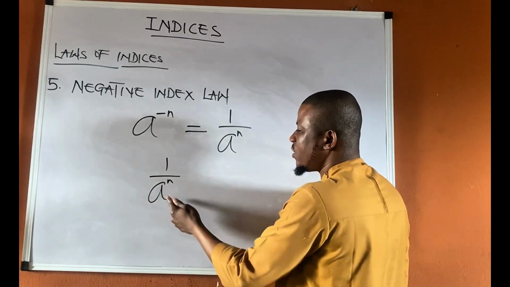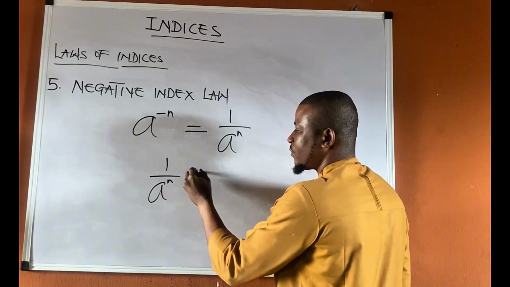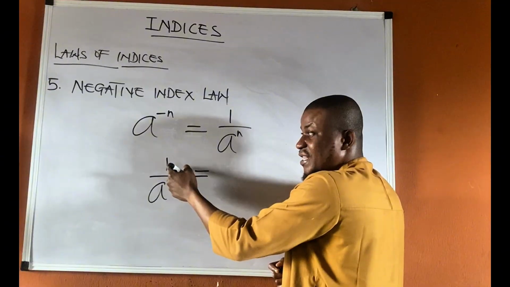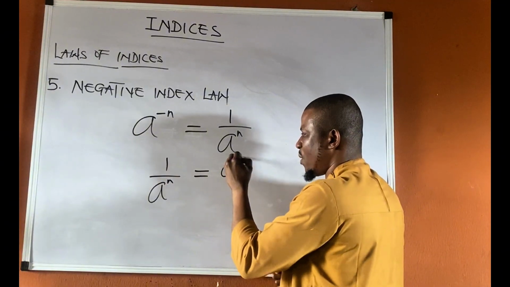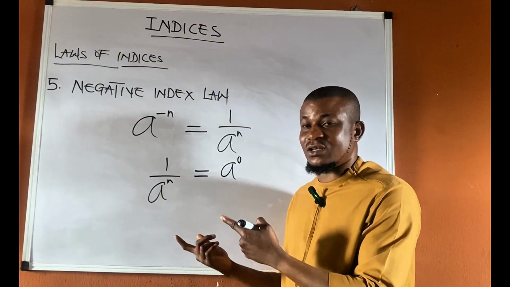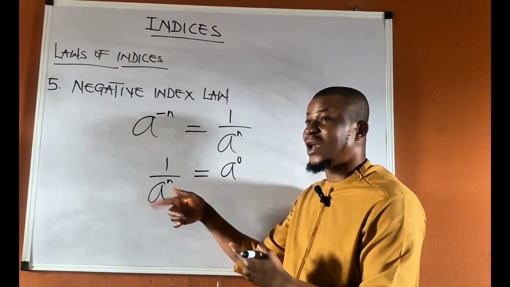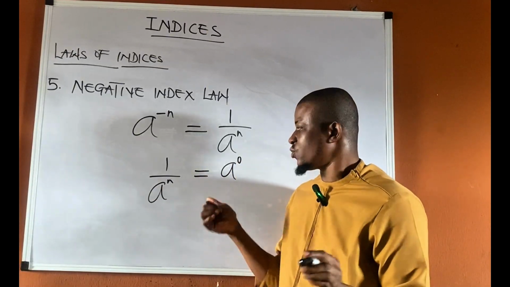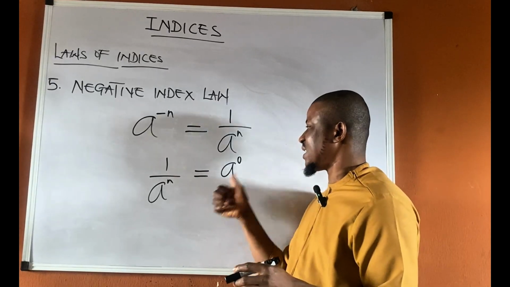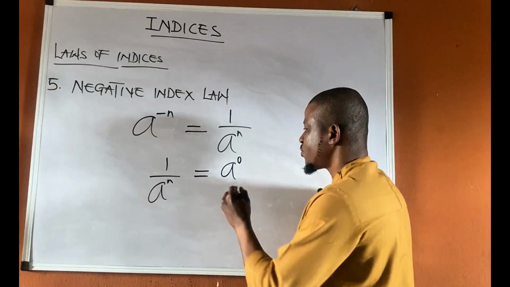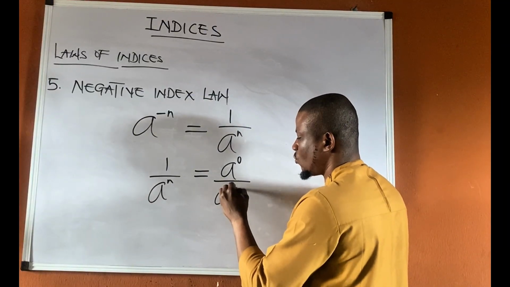If I have 1 upon a to the power of n, we can write this 1 rather as a to power 0. Remember, we just discussed the zero index law that a to the power of 0 is 1. Anything to power 0 is 1. So let's replace this 1 with a to power 0 so it maintains the same base as a. So we have a to power 0 divided by a to power n.